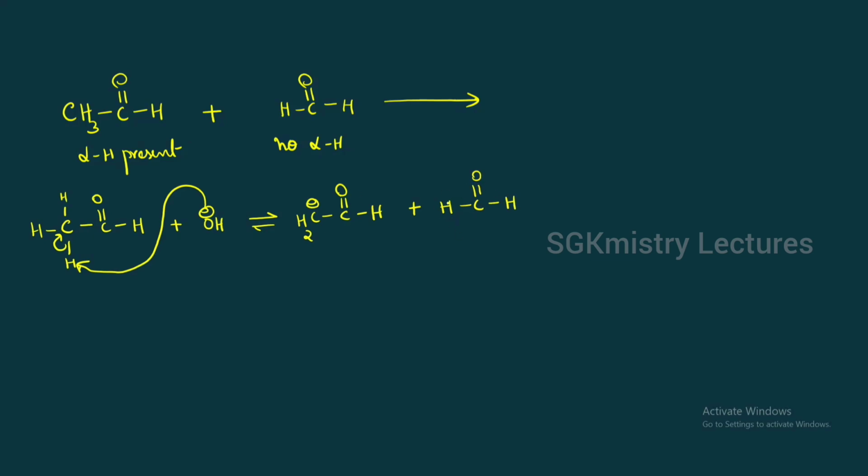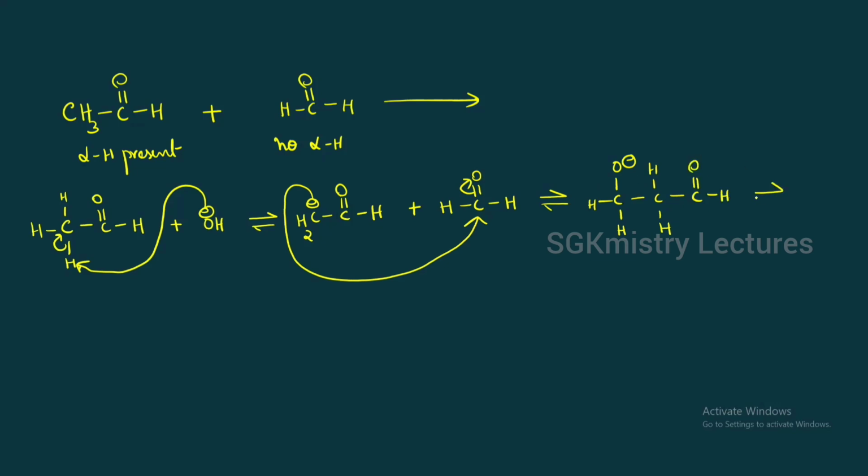It is very clear that in this case there is no alpha carbon at all, so there is no question of the presence of alpha hydrogen. So now this can attack the carbonyl carbon. So now you can get here CO minus, here H and H, here CH2 and CHO.